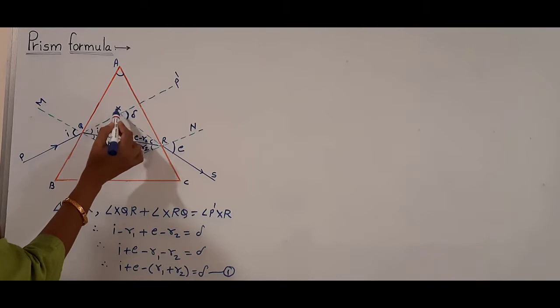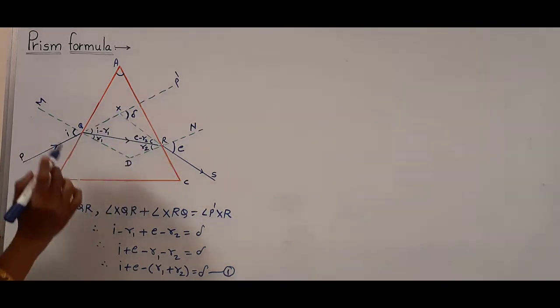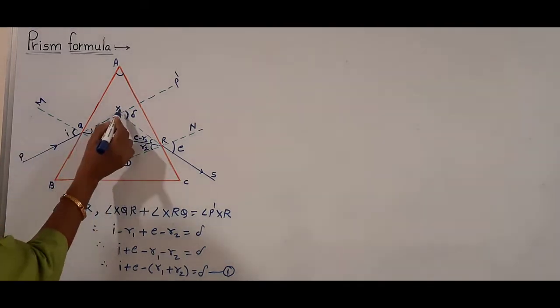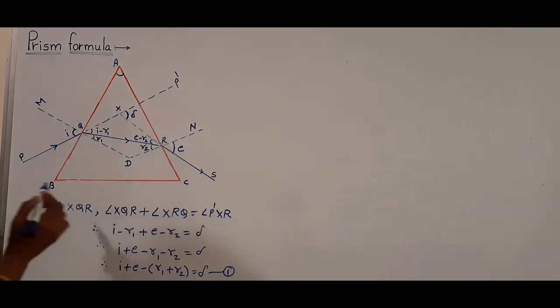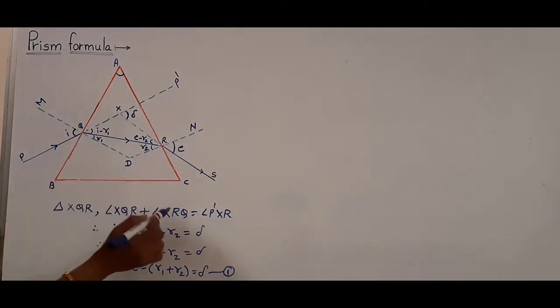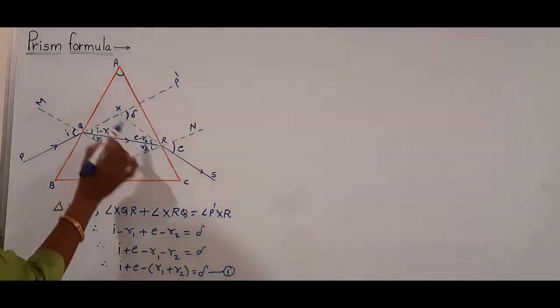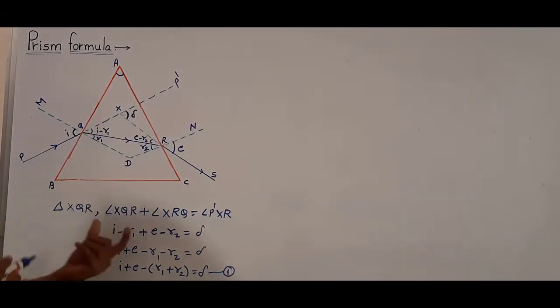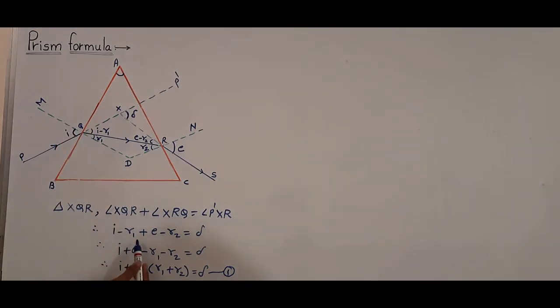Then from the triangle XQR, we can write angle XQR plus angle XRQ is equal to P dash XR by the exterior angle theorem. Putting this value, we will write I minus R1 plus E minus R2 is equal to delta.